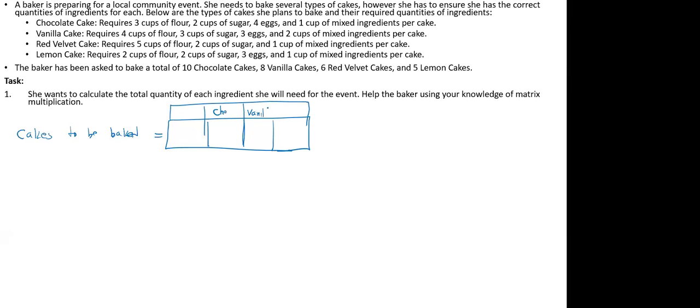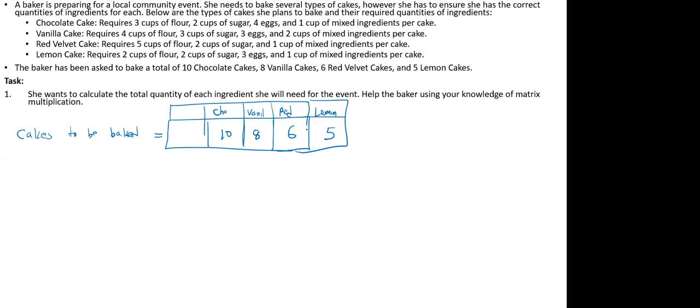You have vanilla. You have red velvet. And you have the lemon cake. Now, when you check here, you notice that chocolate is 10. Vanilla is 8. Red is 6. And lemon is 5.